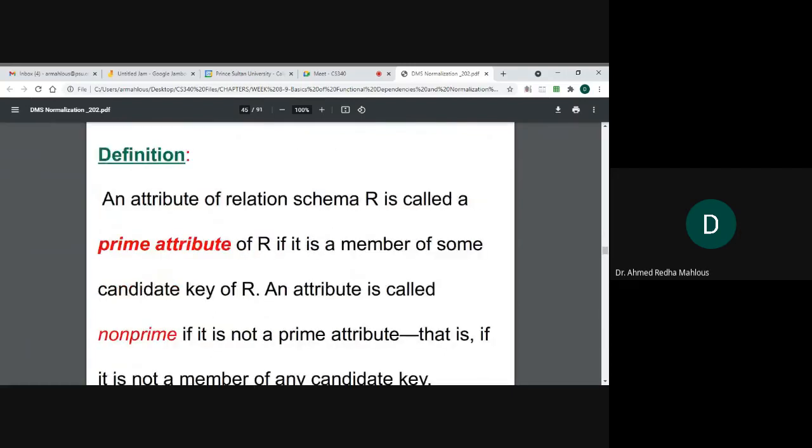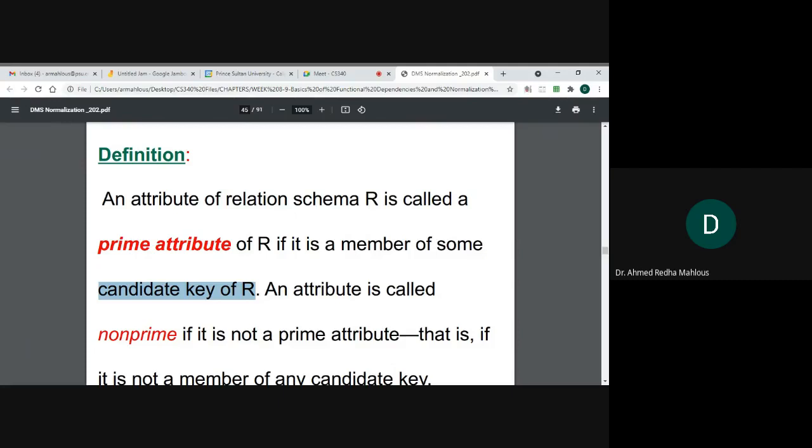Yes, this is another definition that is very important. We say an attribute of a relation is called a prime attribute of R if it is a member of some candidate key of R. If you remember, we have already defined candidate key. We said that candidate keys are those attributes that can be considered as a primary key.